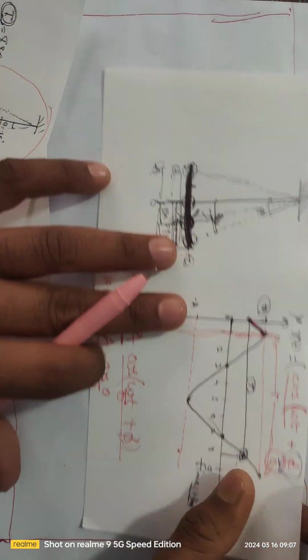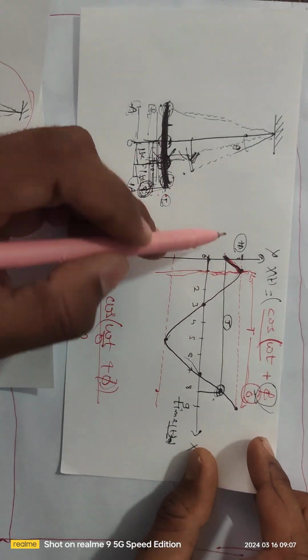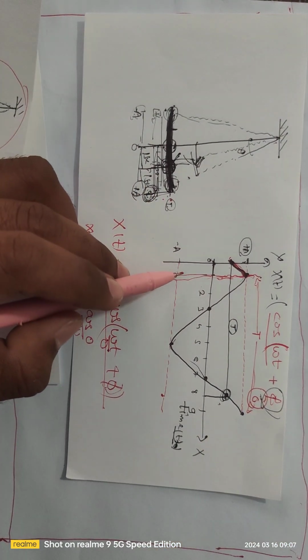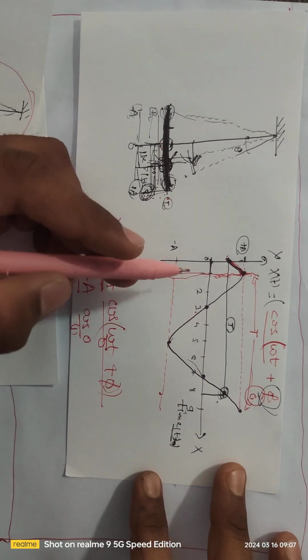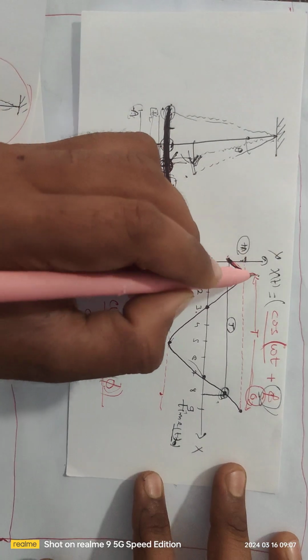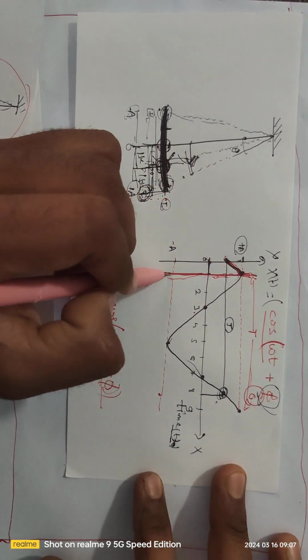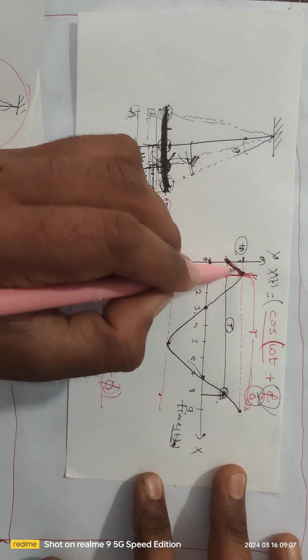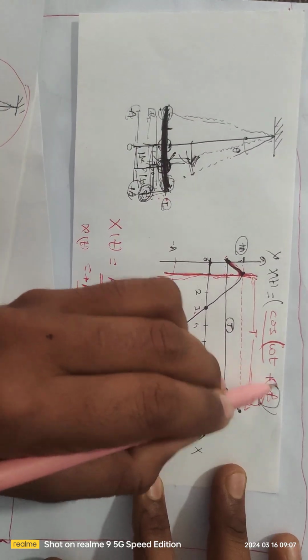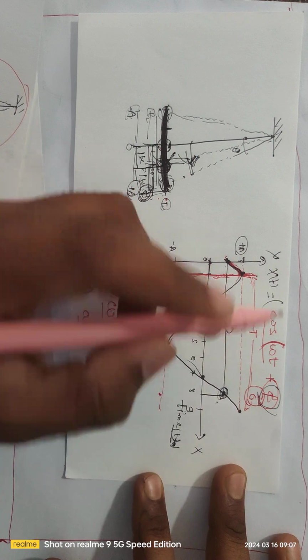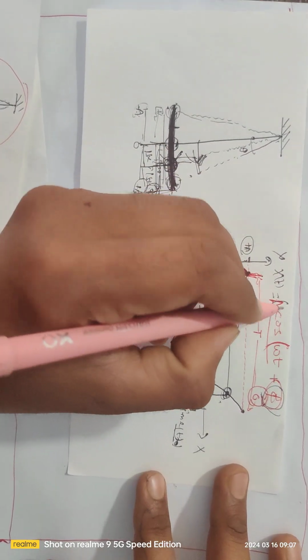But in the third case there is a phase difference. In this case, if we look, it is a cos function plus some additional term, and this additional term is denoted by phi, so a is already present here.